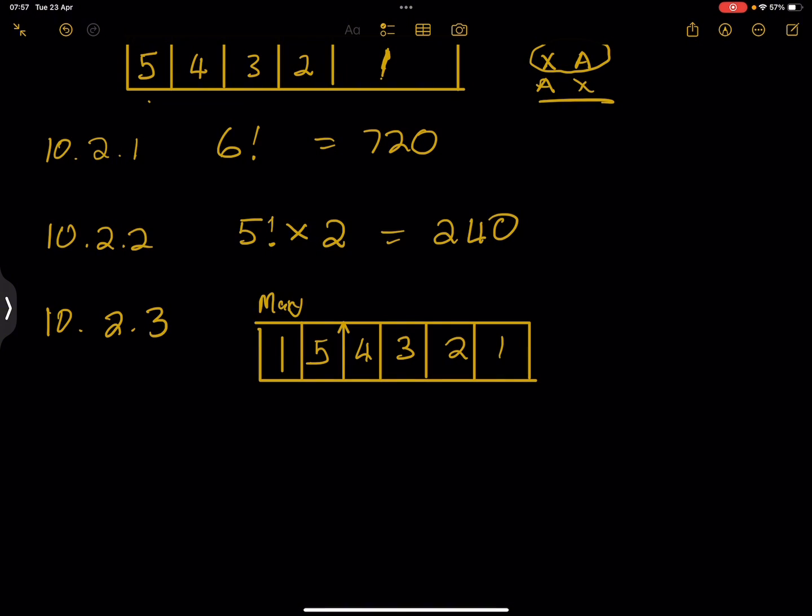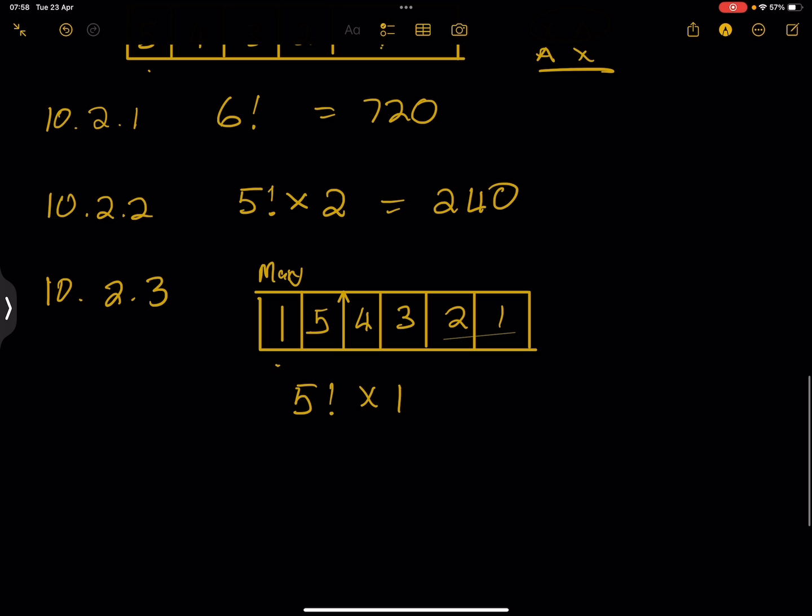So in this case, with the first one, it's Mary on the left-hand side and 5 others seated in any particular order. So this would be 5 factorial multiplied by 1 because that's where I seated Mary.